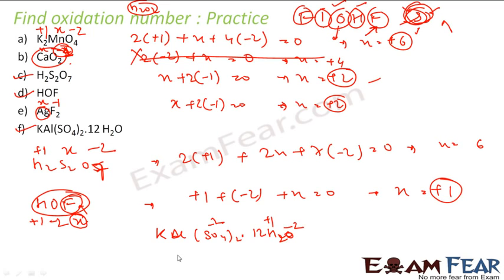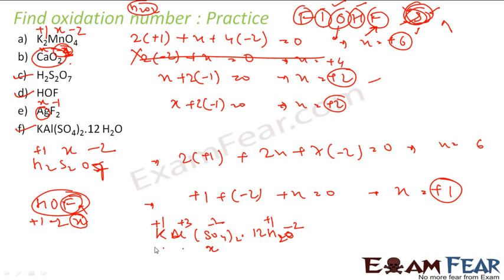But how many variables do we have now? K, Al, S. Let's apply the group 1 rule. So group 1 will become plus 1 charge. Group 2, there is no group 2. Group 3, aluminum, that is plus 3 here. Correct. Then I have only one variable left, so sulfur I'll make it X. Now the sum has to be 0.